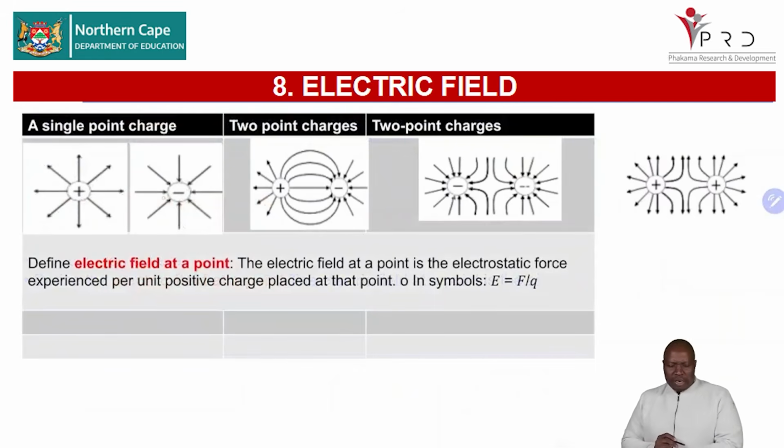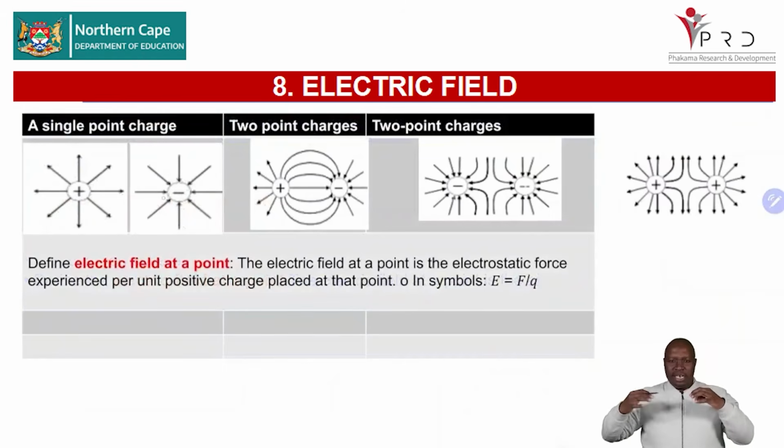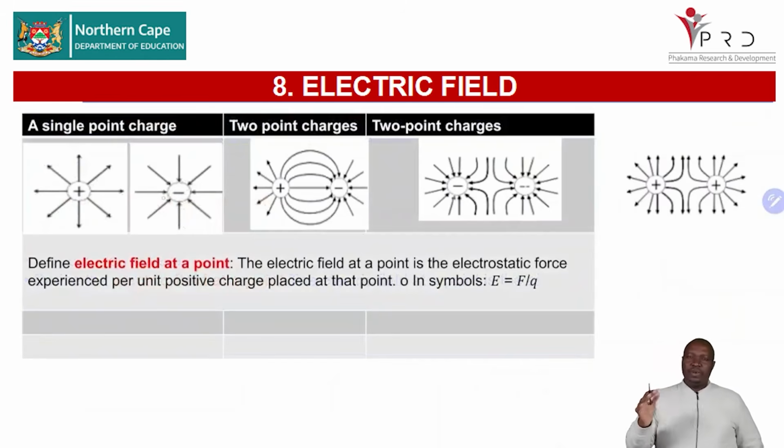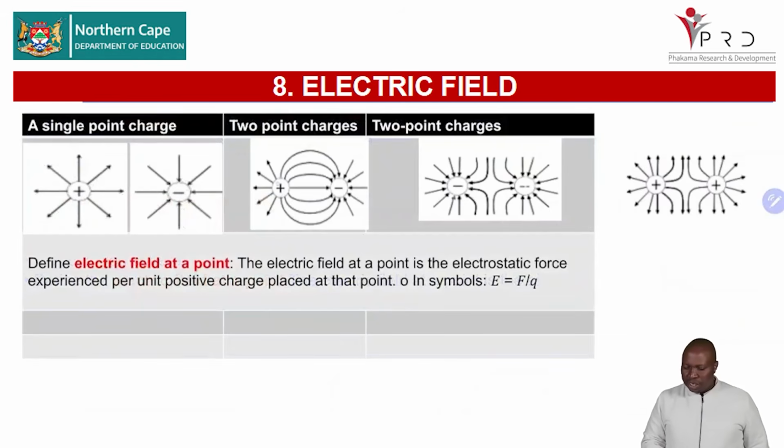So for a single point charge, when you bring a positive test charge to a positive, it repels. Hence, when you see positive, you see repulsion because you are having the positive test charge in your mind. When you see negative, you see attraction, where we're attracting the positive test charge. And then when you are having 2 point charges, unlike charges must attract, then you can see the arrows from the positive there.